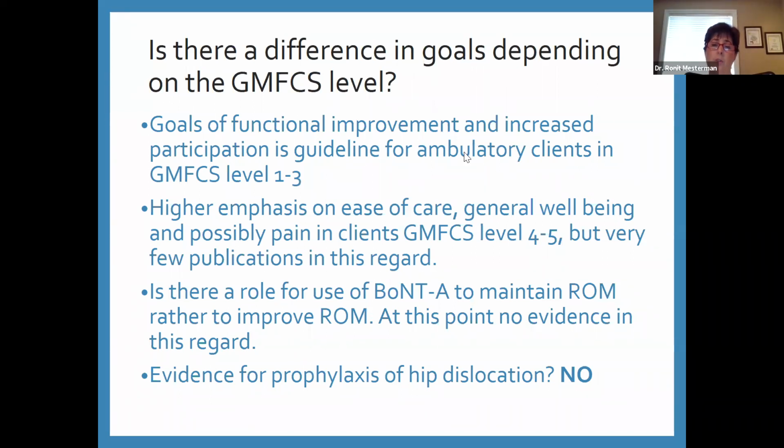In ambulatory clients in GMFCS level 1 to 3, we want to link our intervention to a functional improvement and ideally increase participation. When we're looking at patients in the non-ambulatory group, GMFCS level 4 and 5, we will also try to identify functional goals, but there is definitely a place for consideration of care and general well-being.